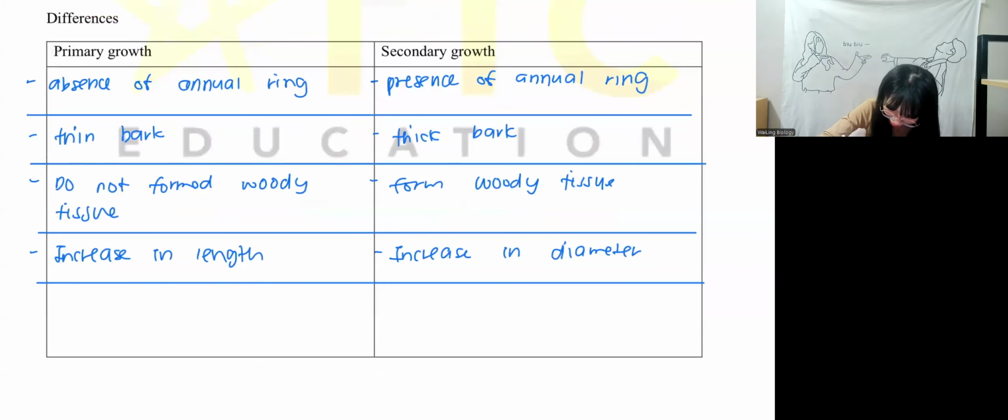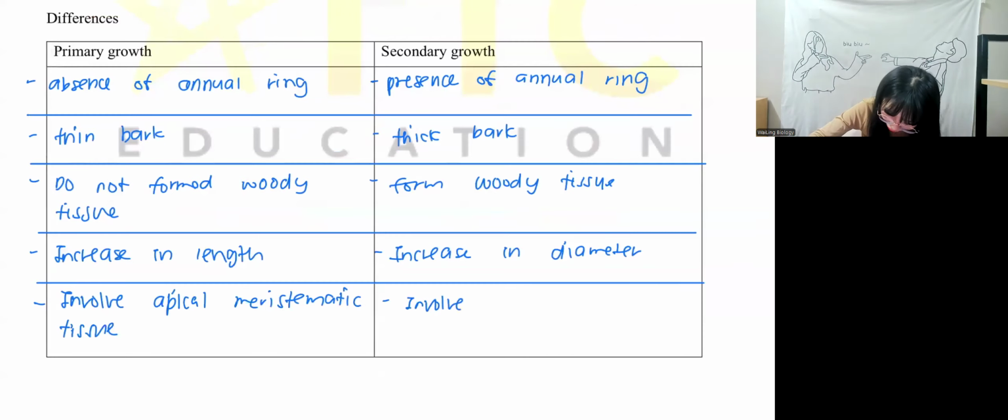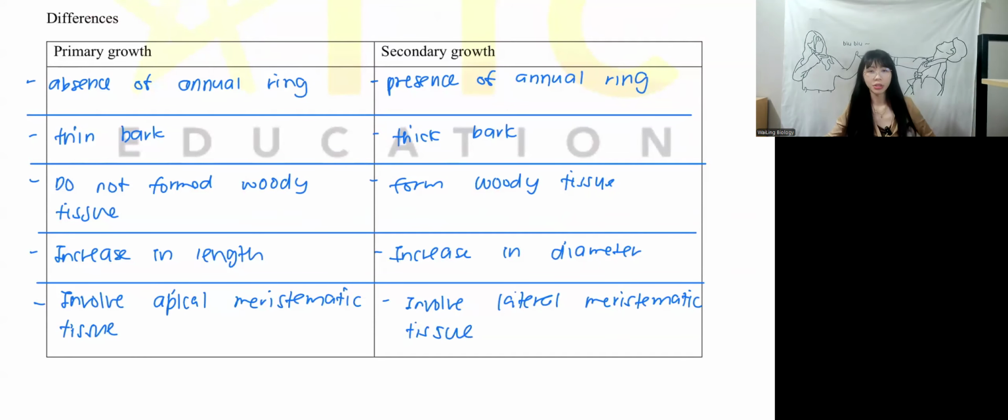You can say involve apical meristematic tissue. This one involves lateral meristematic tissue, or cell also can. You can write tissue or you can write cell. You can say one has primary xylem, primary phloem.